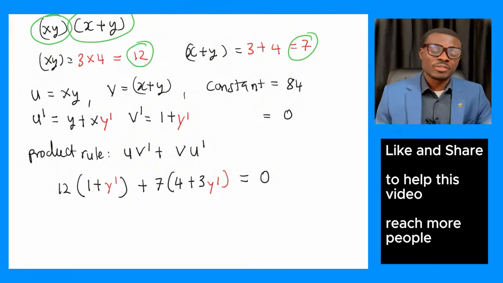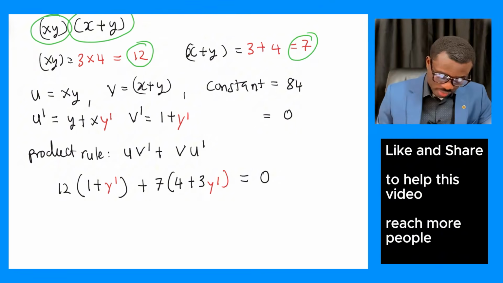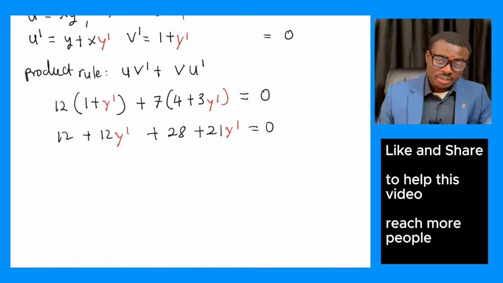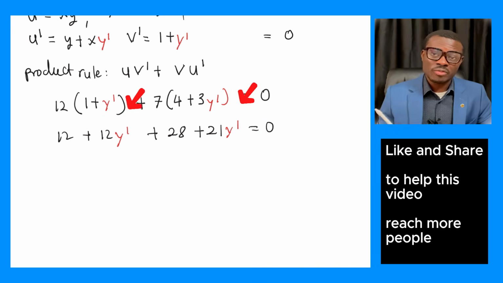The next step is to perform expansion. So 12 times 1 will be 12, plus 12 times y prime will be 12y prime, plus 7 times 4 will be 28, plus 7 times 3y prime will be 21y prime, all equal to 0. When you get to this stage, you can choose to group the y prime terms together, or you can just do a visual test.